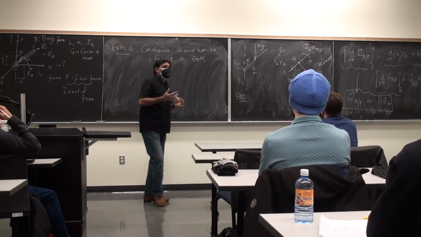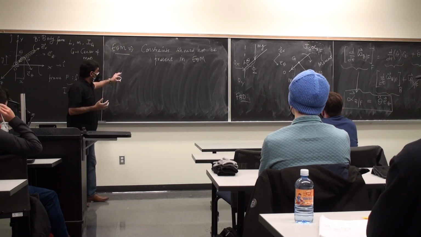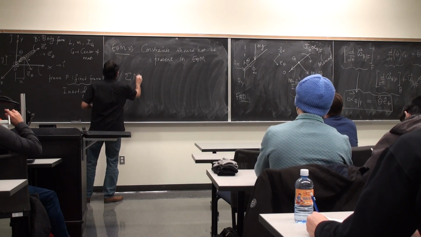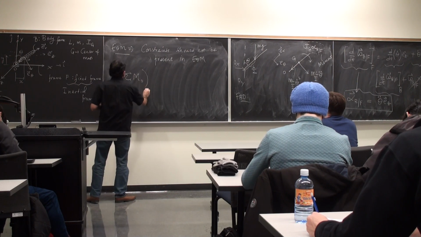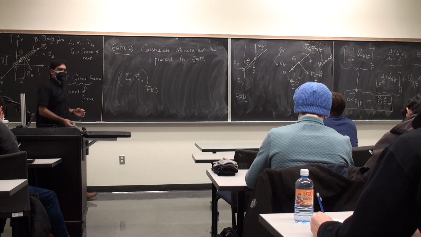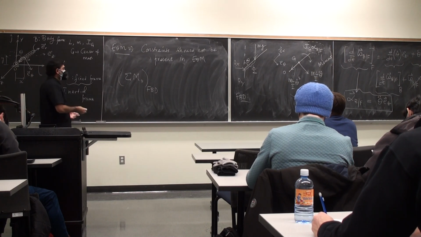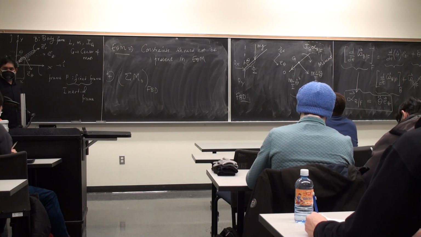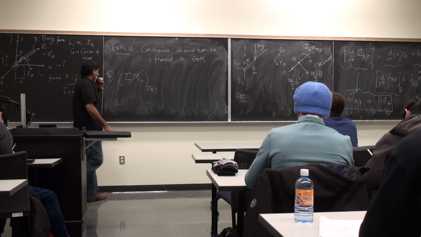So to find the equation of motion, I will say that the sum of the moments about the point O on the free body diagram, and you can choose a sense for it being positive or negative. I will say that if the moment is counterclockwise, it's positive. That you would have done in statics.